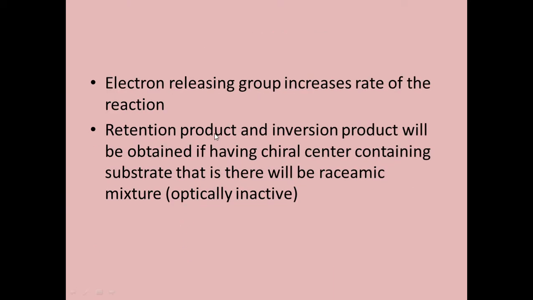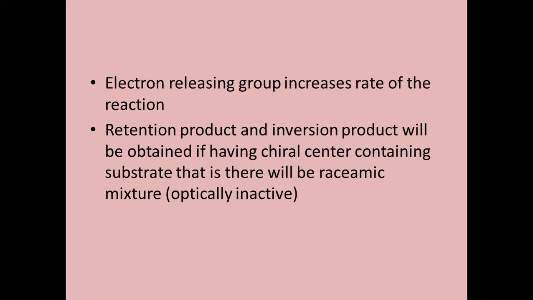If there is an electron releasing group, the rate of the reaction will increase, okay? Like if you have a phenol, and phenol has the group OH. O will give electrons to the benzene ring. It means it's going to increase the rate of the reaction.